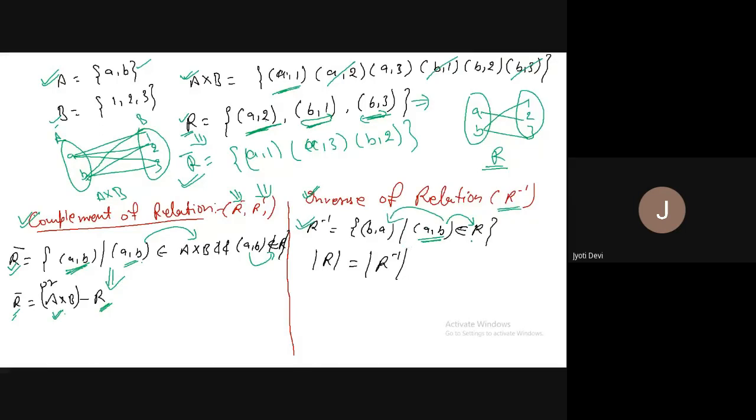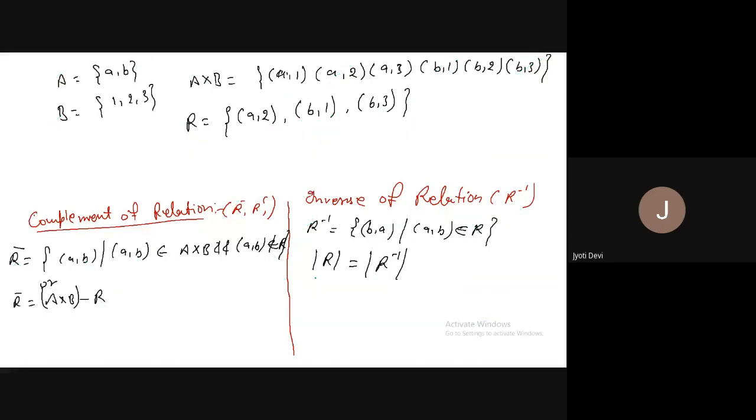Or you can say, just swap the order of the elements. In R, I have (C, D). After applying R inverse, I get (D, C) in my result. Just swapping the order of the elements.